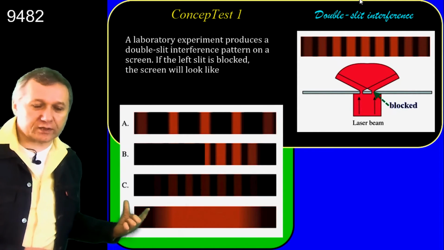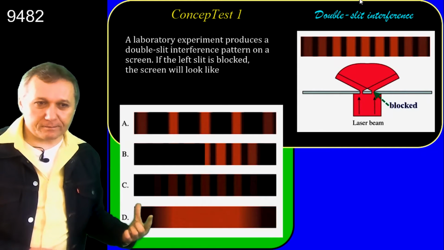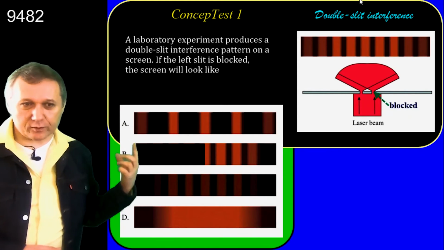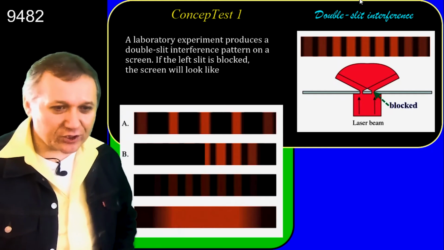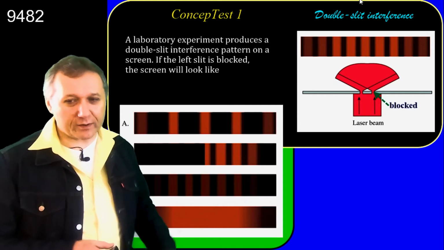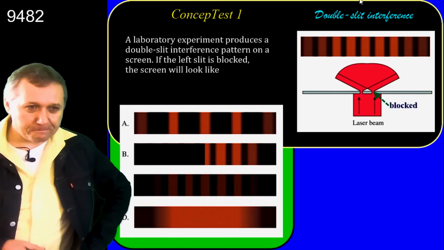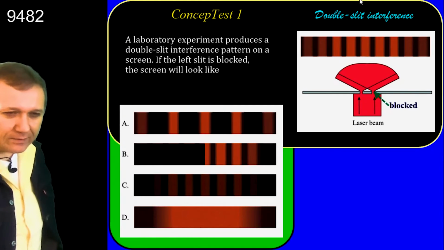Or we're going to have just a uniform distribution of light. I will give you half a minute. Again, the poll is in the chat. Try to answer it.